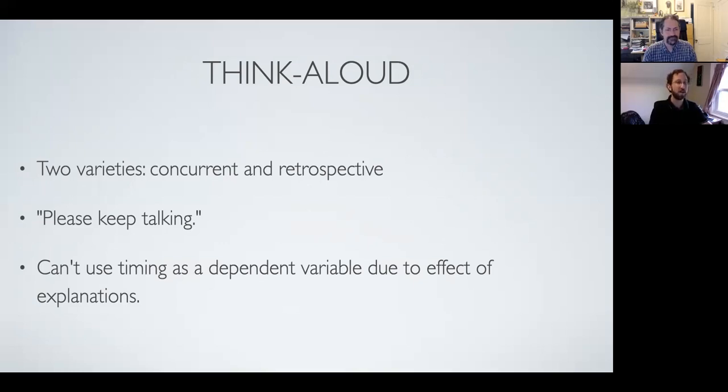But if you do that, you can't really measure time as a dependent variable in your study because having people do this is going to take extra time. I've also found that it can be distracting for people. Most people will prefer to think in silence. So when I do these studies, I try to balance distracting them from their work and getting information about why they're stuck. Because when you just watch somebody scrolling up and down, you don't really know what they're thinking, right? You have to actually ask.